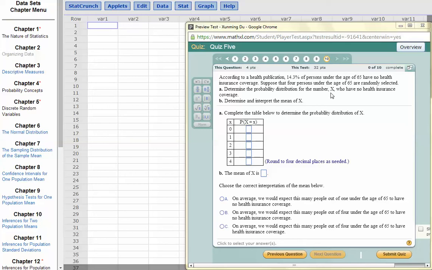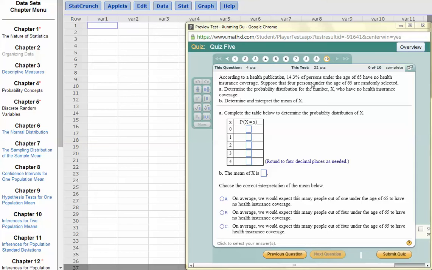Now, remember this number, 14.3% or 0.143, is the probability P of having no health insurance coverage.